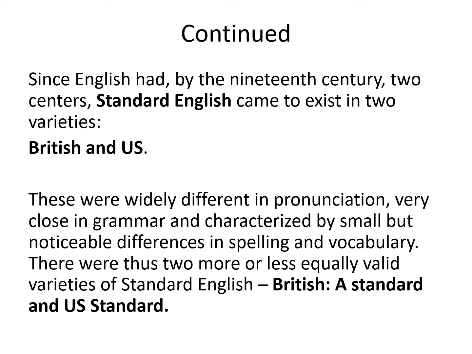So the British accent is also known as Received Pronunciation, and the American accent is now called General American, GA. So RP and GA are considered standardized varieties.